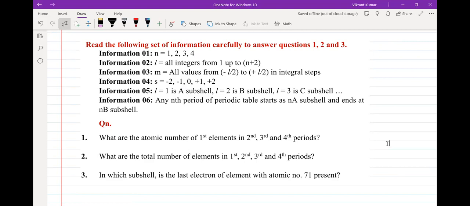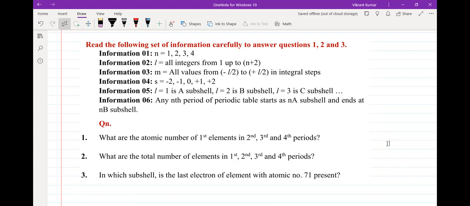Now it is talking about a hypothetical situation where those were not the actual quantum numbers. Now we have a different set of quantum numbers with different valid values. So you have to go from scratch. You have to create your own shell, subshell and orbitals, and only then can you start filling those subshells. Okay, that's the situation. And advanced exam questions can be at this level.